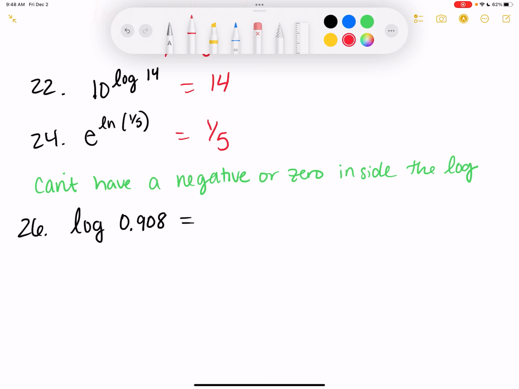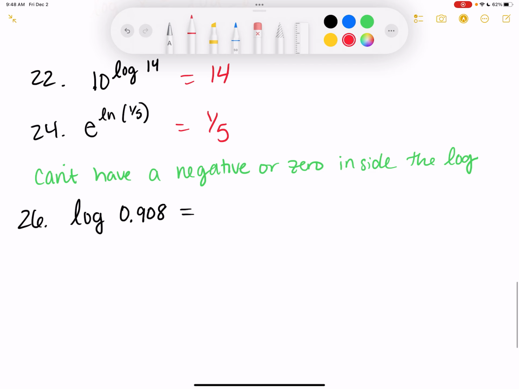Log. Oh, that's nasty. What did you get? I got negative 0.04. Okay.